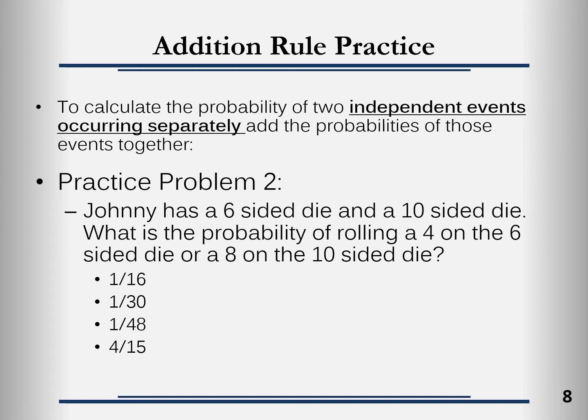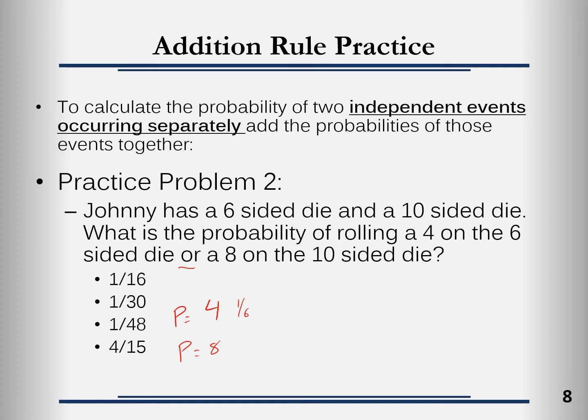Let's say Johnny has a six-sided die and a 10-sided die. What is the probability of rolling a 4 on the six-sided die or an 8 on the 10-sided die? So the probability of rolling a 4 is 1/6.